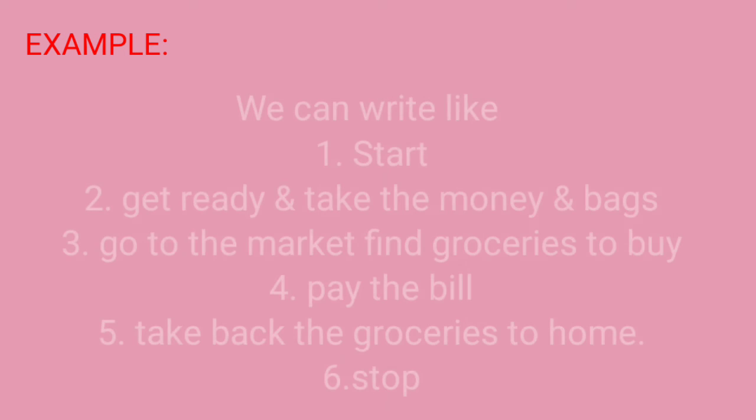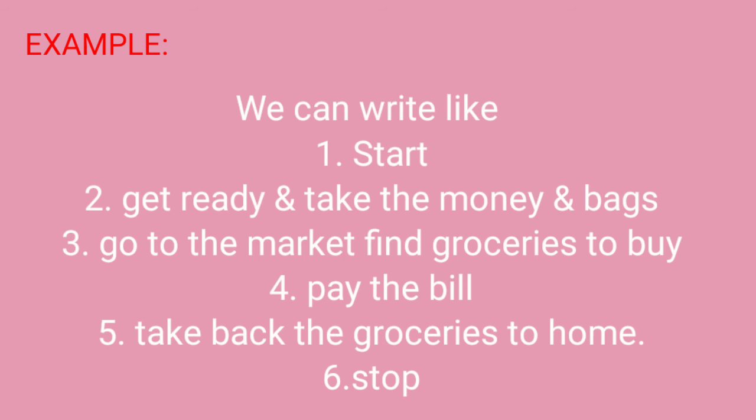Suppose you want to go to the market to buy grocery items, then how to write the algorithm? We can write the algorithm like: first, start; second, get ready and take the money and bags; third, go to the market and find the grocery to buy; fourth, pay the bill.